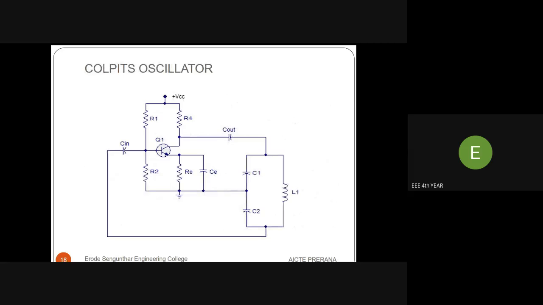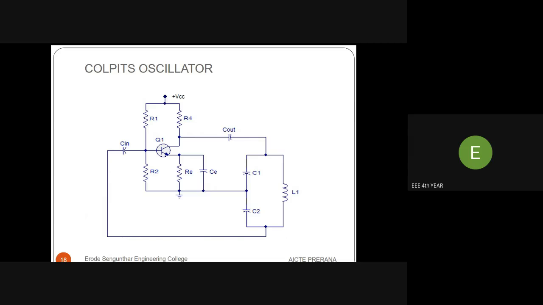Now let us see another type of LC oscillator, the Colpitts oscillator. The Colpitts oscillator consists of one amplifier circuit and one feedback circuit. The amplifier circuit is a common emitter amplifier, which provides a 180-degree phase shift between its input and output.